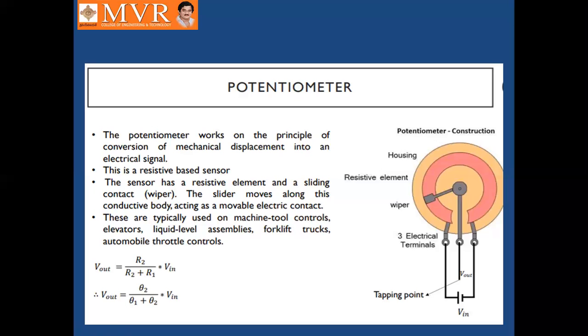So the entire potentiometer is obtained by these two formulas. The sensitivity and the value of V out can be obtained by R2 by R2 plus R1 into V in, or theta 2 by theta 1 plus theta 2 into V in.